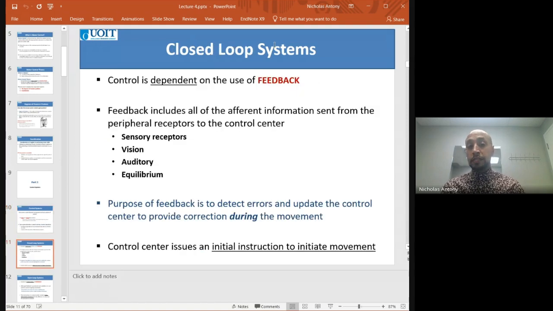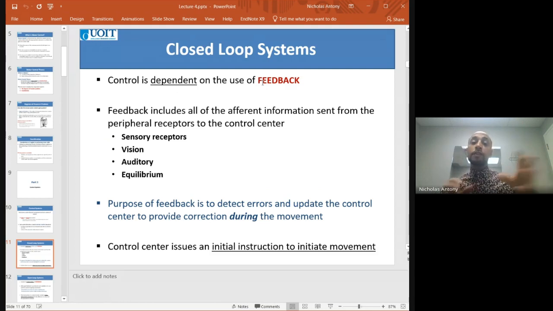In a closed loop system, control of the body from the brain is dependent on the use of feedback, meaning it's a closed loop. Our brain would send instructions, then get feedback, and then modify those instructions, like a closed loop. That would be an example of doing something with high accuracy. The feedback you get while doing the motor skill would be from any of our sensory processes, including sensory receptors like touch, vision, auditory, like Alec was talking about with the lab, and equilibrium, like balance.